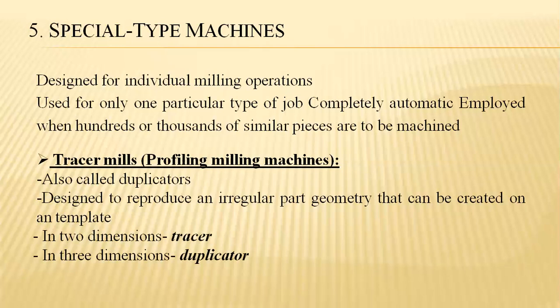Particularly, these profile milling machines play a major role in reproducing the irregular part geometry which is created on a template. That is in 2 dimensions, we call it a tracer. In 3 dimensions, it's called a duplicator. So for the 2-dimensional profiling milling machine, that's called a tracer. Particularly in the case of 3-dimensional status, it is a duplicator.